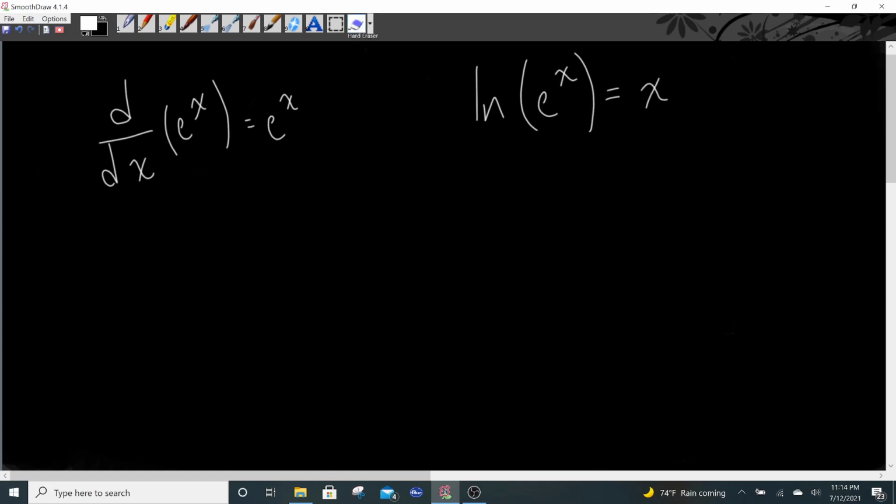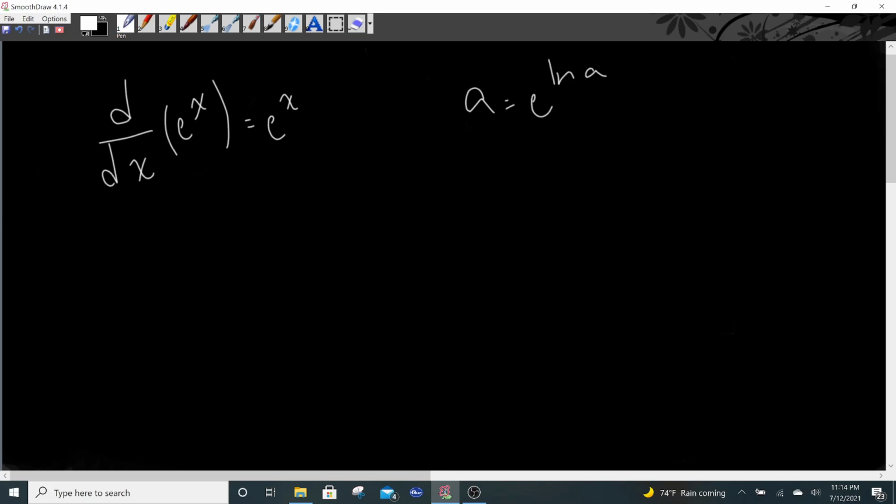So what we're going to do is say that a is equal to e to the ln a, which is true.